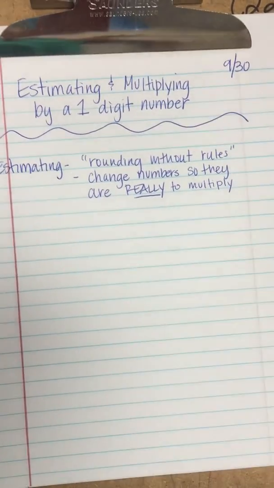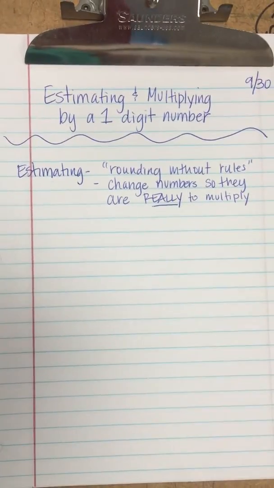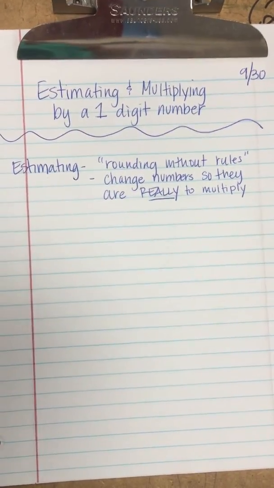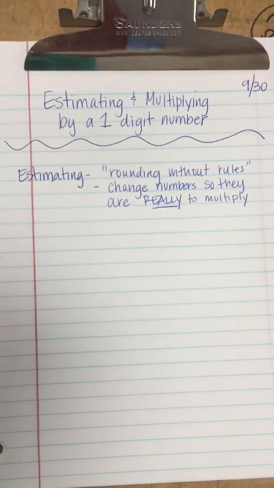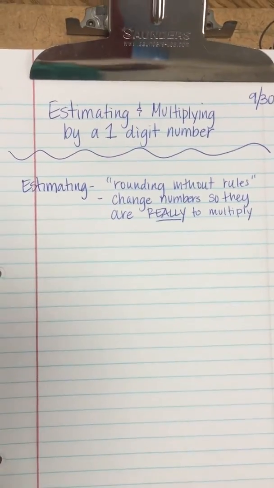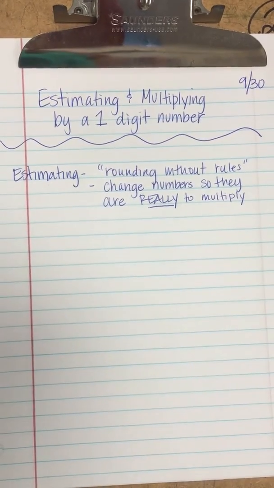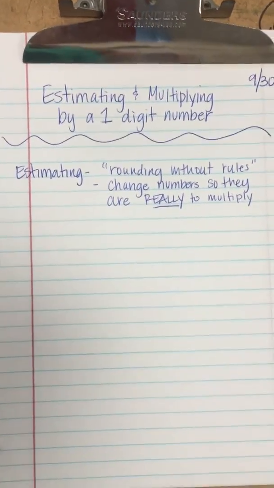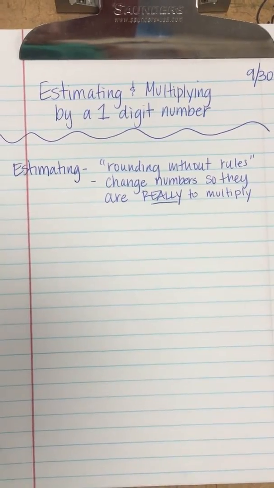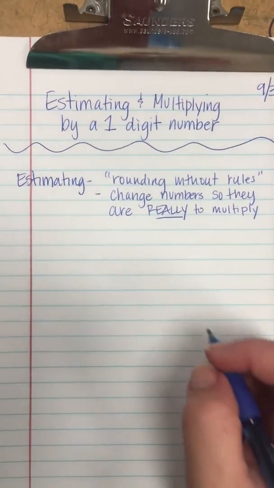I want you to be able to do these multiplication problems in about 5 seconds or less, because again, the nice thing about estimating is it's an educational guess, and you are just finding something that's close to the actual answer.